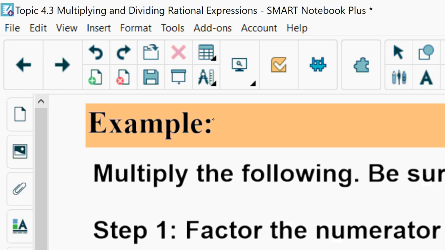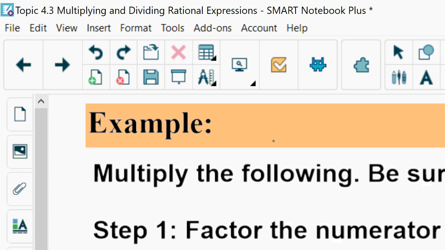And next, I need to factor this. It's a difference of squares again. So the square root of 9 is 3. And there you have it. Now, rather than grouping it all as one, because I think we saw it works, I can just pick out what matches in my numerator and my denominator.